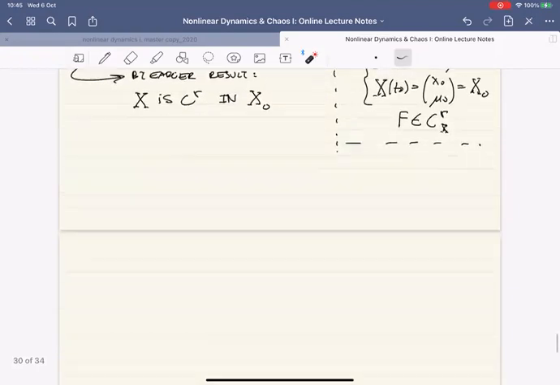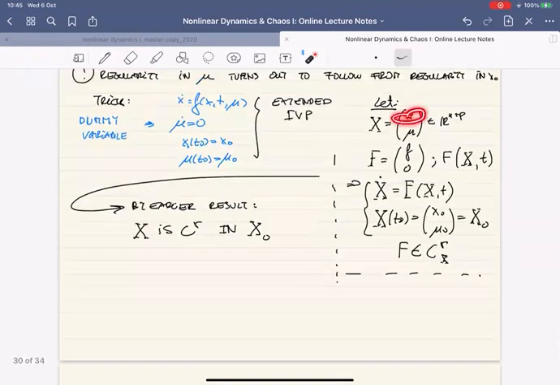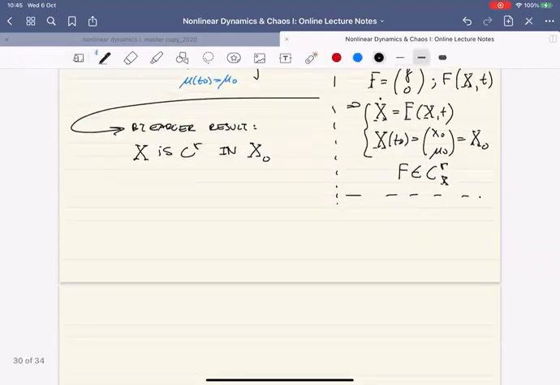So therefore, this full solution, as well as its one component, is not only C^r in the initial condition, but also in the parameter. If I change the parameter, it will have the same C^r dependence. So it follows that x(t; t naught, x naught, mu naught), and I can now write mu naught, which is the same as mu because it doesn't change.